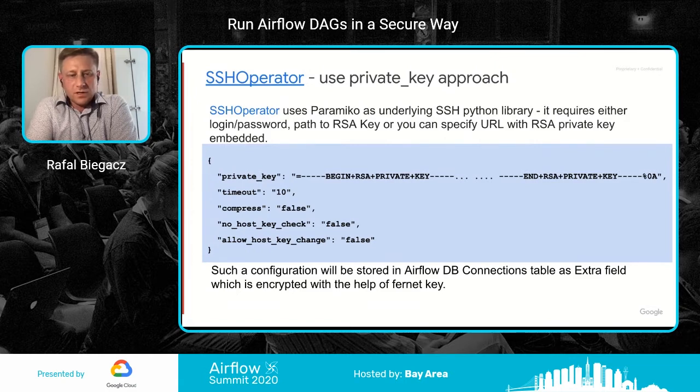Extra field, as I already mentioned, is encrypted with the help of the Fernet key. Of course, we need to remember that many users could have access to Fernet key if they have access to Airflow configuration. But definitely storing it in the database is more optimal than having RSA keys being distributed in the file system in your Airflow setup.